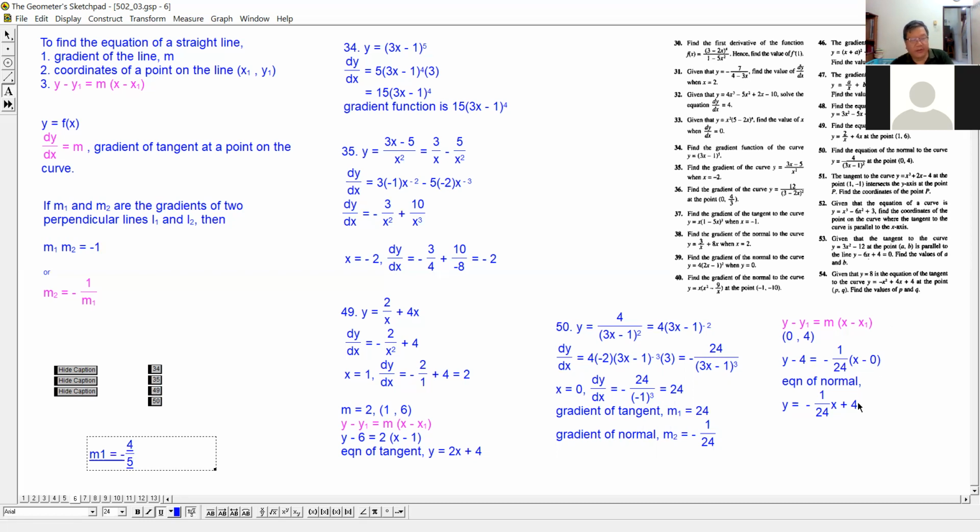Simplify, and the equation of the normal is y equals negative 1/24 x plus 4.